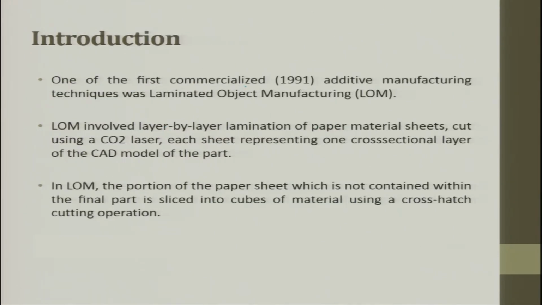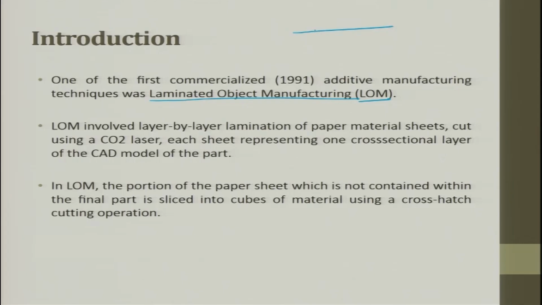One of the first commercialized additive manufacturing techniques was laminated object manufacturing, otherwise called LOM. LOM involves layer by layer lamination of paper material sheet cut using a CO2 laser, each sheet representing one cross section layer of the CAD model of a part.